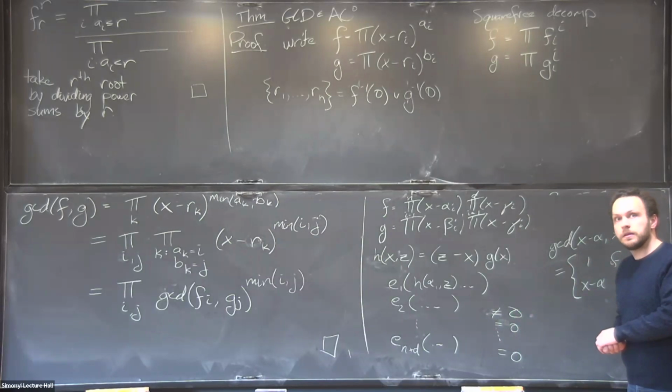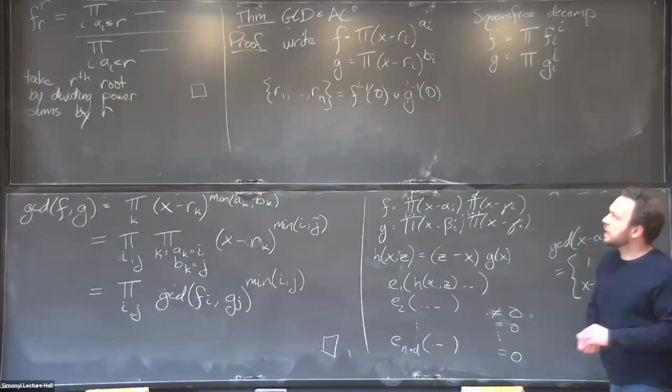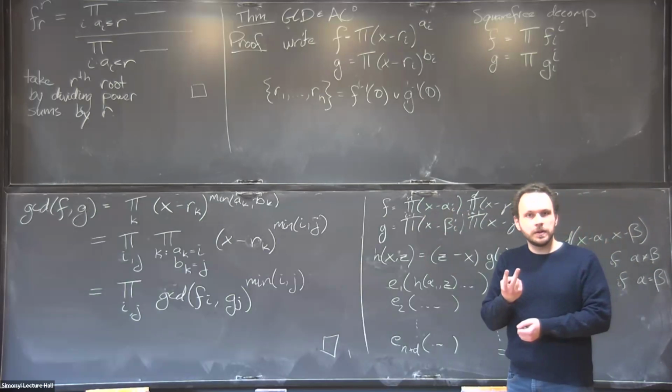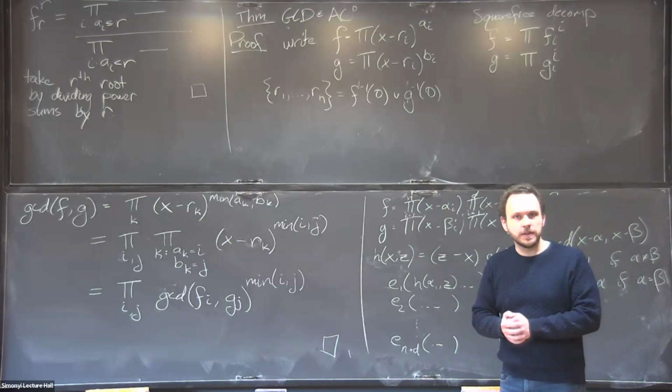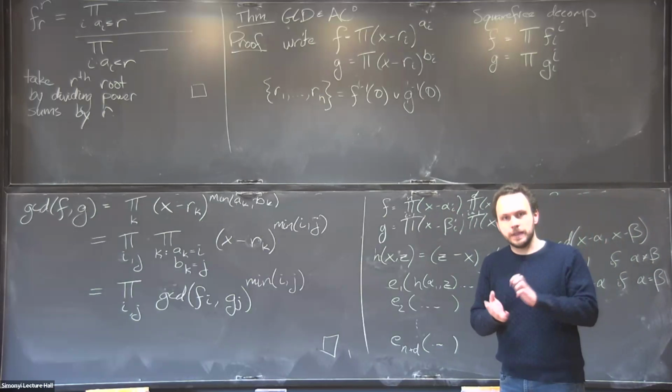Yeah. I have a question, not about what you said, but suppose I want to compute the GCD of, I don't know, k polynomials. Is there also a way to do this in AC0? Yes, there is. So the question was, this is GCD of 2 polynomials, GCD of n polynomials. Is that in AC0? And the answer is yes.